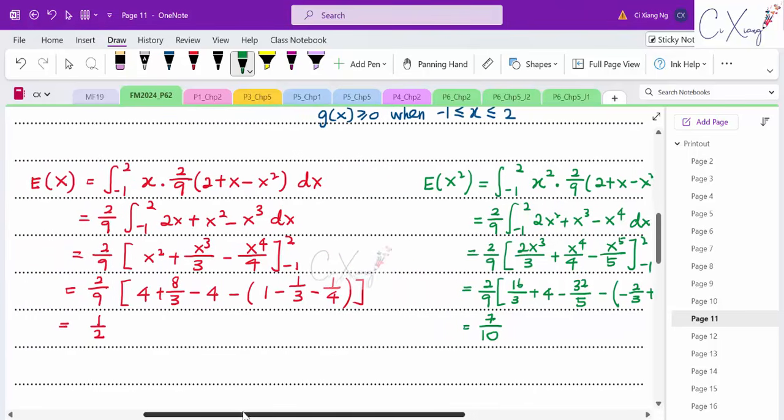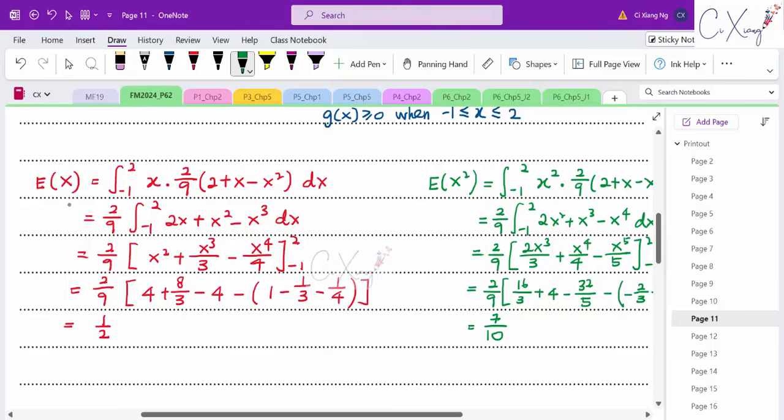Alright, so once I get the expected value for x and also the expected value for x squared, then from here I can get the value for the variance. So what's the variance formula? Variance of x can be found by using the expected value of x squared minus the square of the expected value of x.